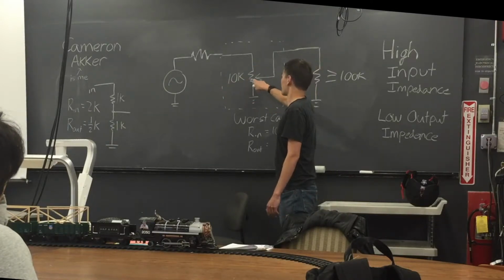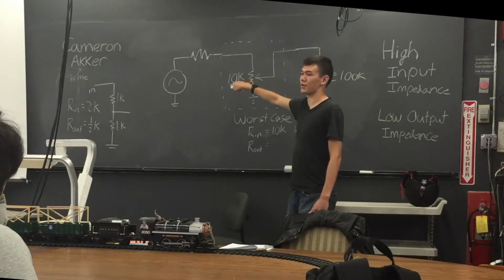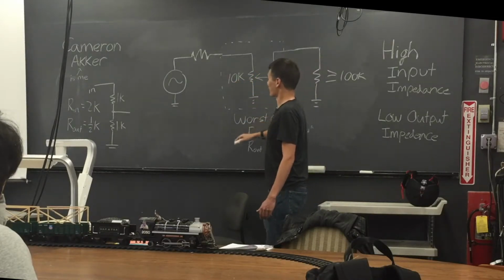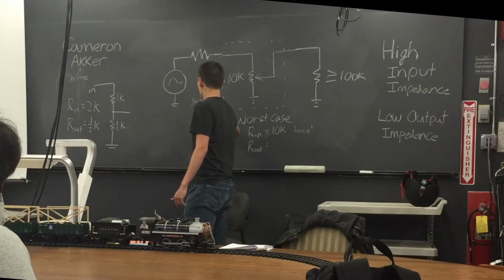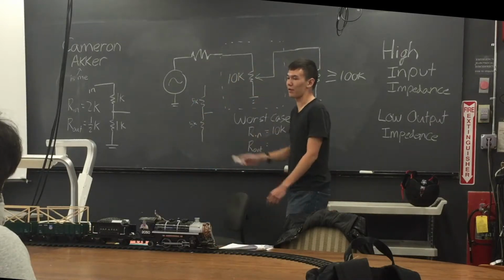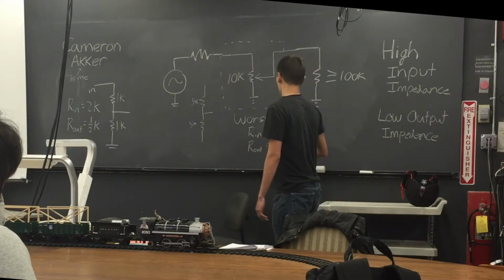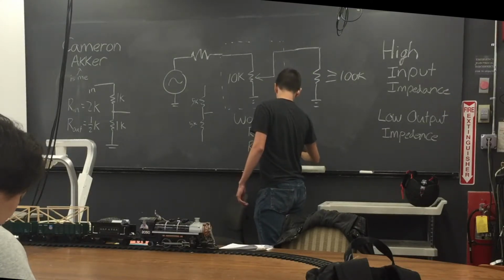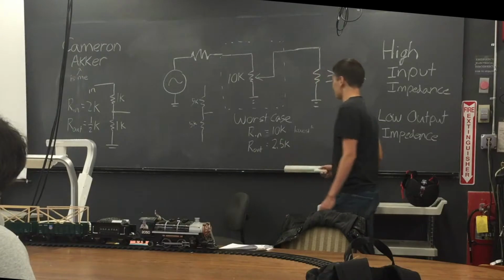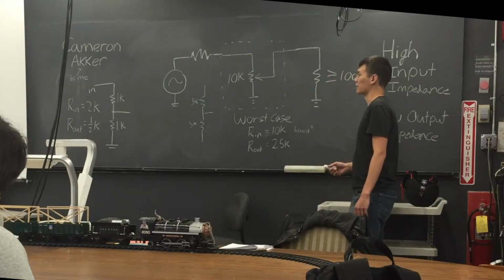The worst case Rout is going to be when it's in the middle of this 10K resistor. It's a little abstract to think of, but then the 10K resistor just becomes two 5K resistors. Since you're right in the middle of it, the two 5K resistors in parallel give 2.5K as the total Rout in that case. Anything other than that should be lower than it.